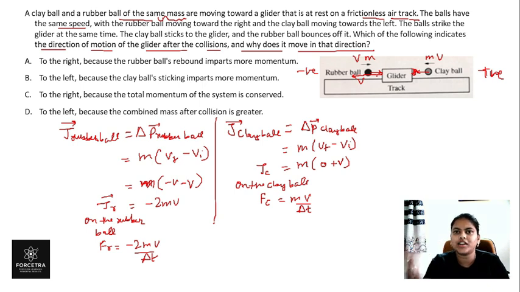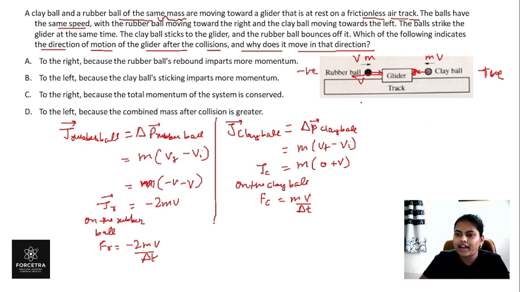From Newton's third law, we know that every action has an equal and opposite reaction. If the glider is applying a force on the ball, which is equal to minus 2mv upon delta t in the case of the rubber ball and mv upon delta t in the case of the clay ball, the same force the balls would exert on the glider, in the opposite direction.